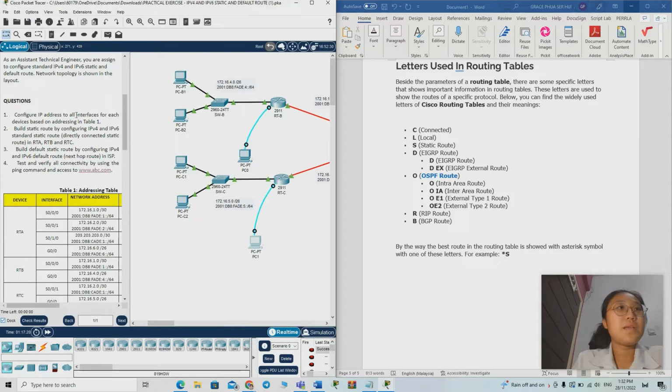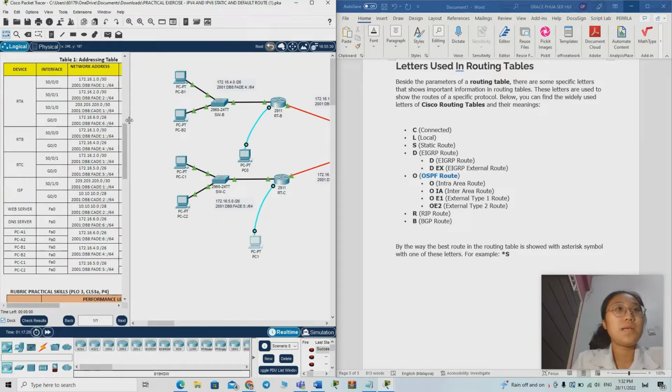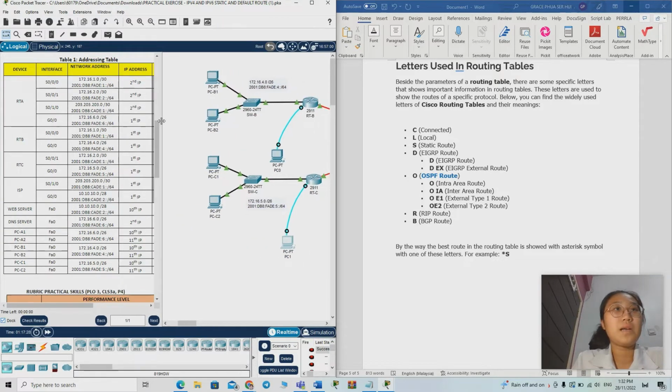Configure IP address to all interfaces for each device based on the addressing in Table 1. So let's see the router parts.